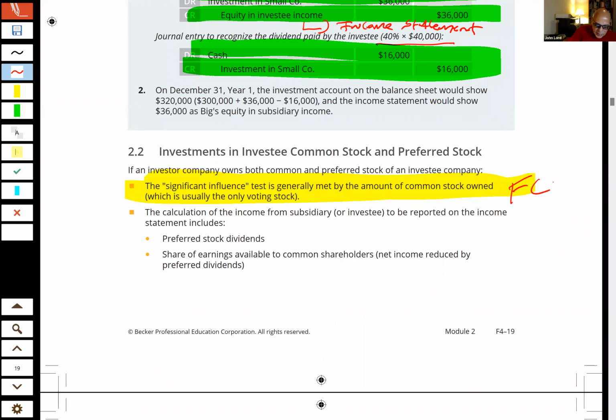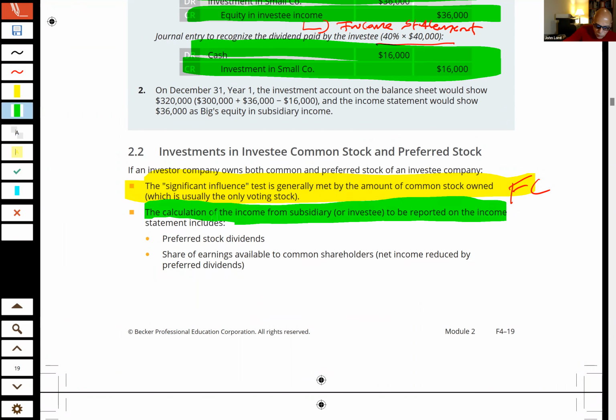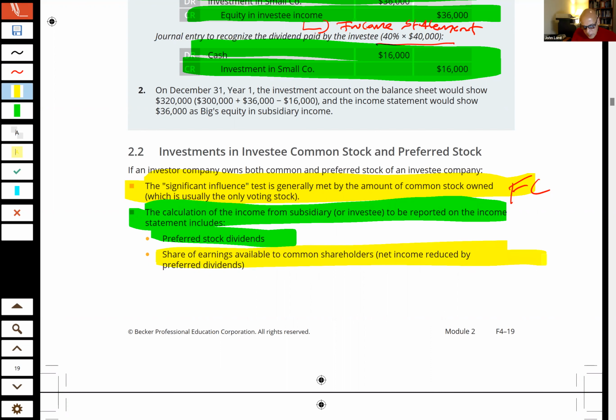Okay. The calculation, however, of the income of the subsidiary will be based on the income available to the common shareholders, which means you have to take the total dividend minus the amount that went to the preferred shareholders.